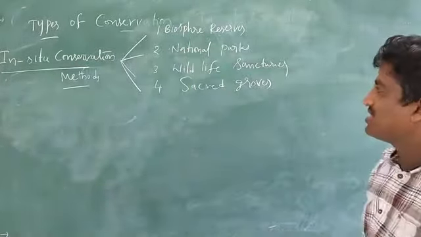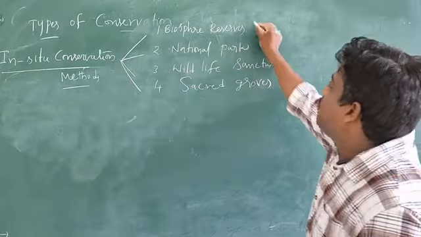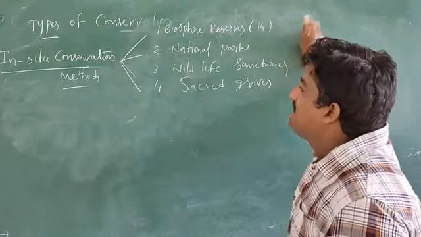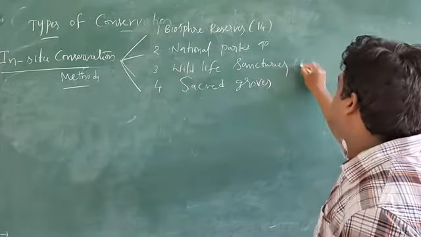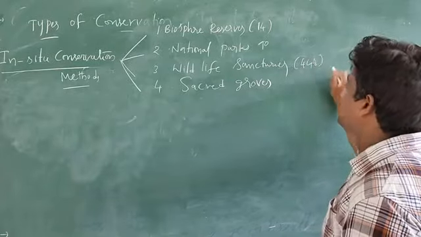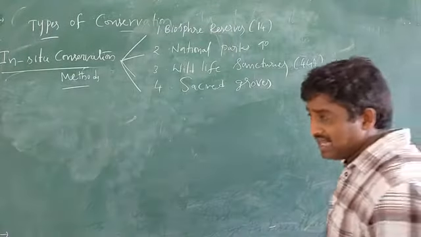How many are present in your wild? There are 14 biosphere reserves, 90 national parks, and 448 wildlife sanctuaries present.